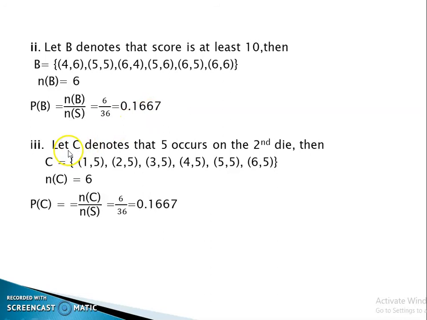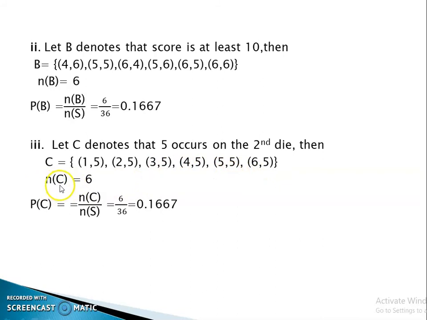In the third part, let C denote that 5 occurs on the second die. Then C will consist of (1,5), (2,5), (3,5), (4,5), (5,5), (6,5). In each of these outcomes, on the second die, 5 occurs, and on the first die, 1, 2, 3, 4, 5, 6 possible outcomes occur.